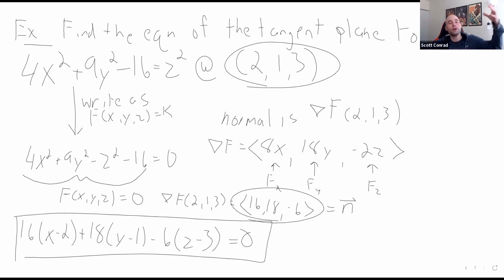So the point is, we take the equation of our surface, we throw everything on one side, set it equal to 0. So everything on the left-hand side is going to be your function. And this is going to be the level surface, that function equal to 0. And so the normal at your point is just going to be the gradient of that function at the point. And then you have a point, you have a normal, throw it in your formula.